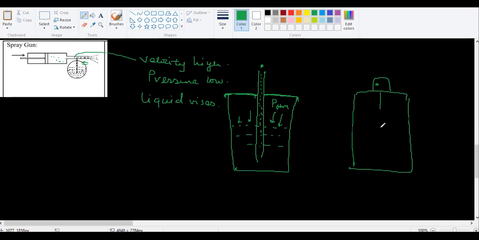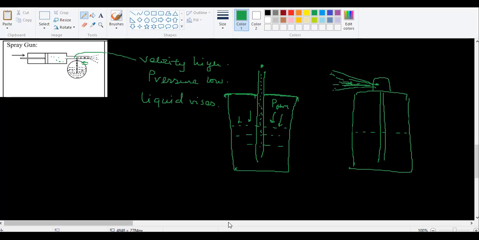There will be a small straw inside this, so the liquid over here will be raised through it so that it can come out and be atomized. It will mix up with the air coming in, and then be atomized, meaning very small particles. So that is one good example of Bernoulli's theorem.